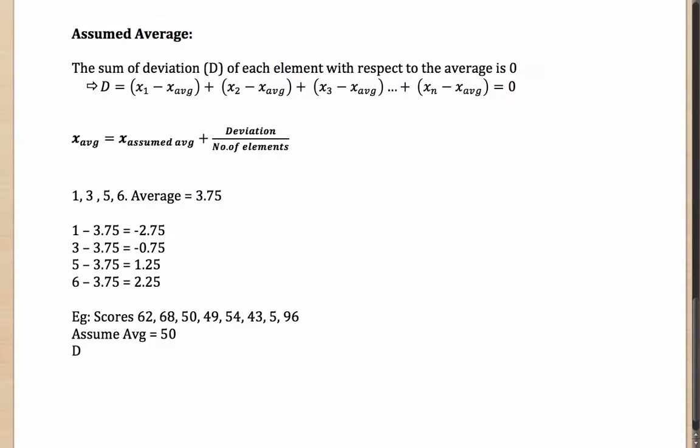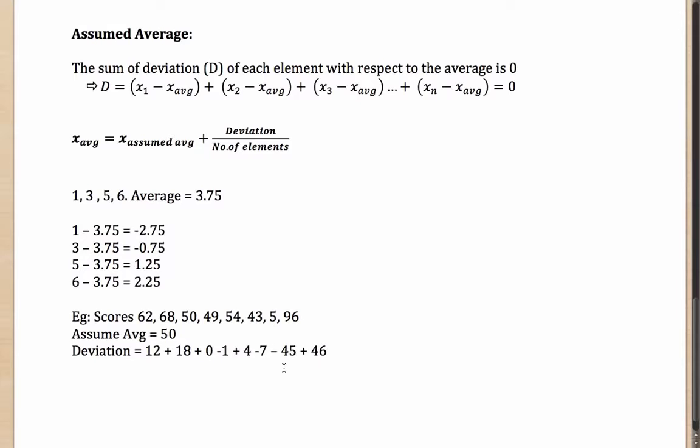And now I look at what is the total deviation from 50. 62 minus 50 is 12, plus 68 minus 50 is 18, 50 minus 50 is 0, 49 minus 50 is minus 1, 54 minus 50 is plus 4, 43 minus 50 is minus 7, 5 minus 50 is minus 45, and 96 minus 50 is plus 46.